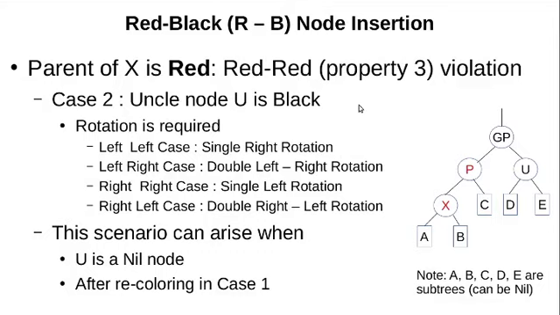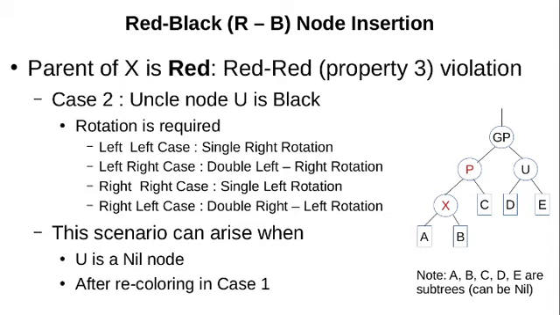Let's now discuss case 2 of red-red violation, wherein the uncle node U is black. We know that the tree satisfied all the red-black properties, including the black height property, before insertion of node X. As we consider the nil node black, one way in which this scenario arises is when GP has only one child P and U is nil.